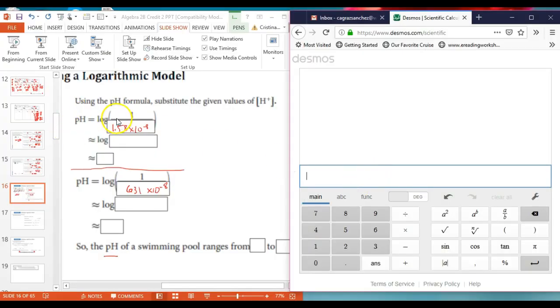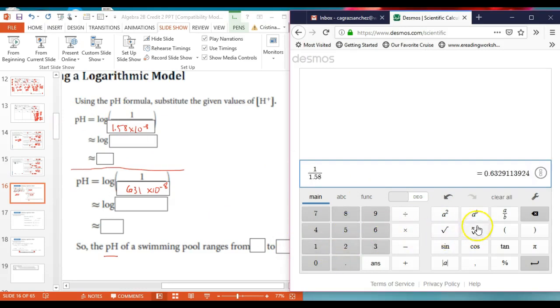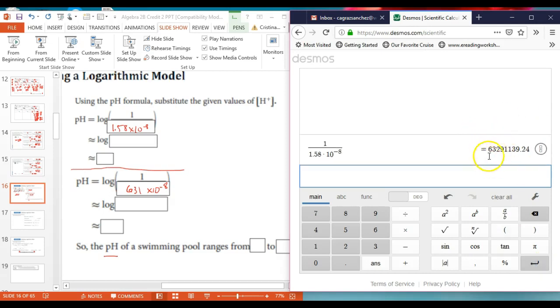Alright, so let's figure out what 1 divided by 1.58 times 10 to the negative 8 power would be. So that's a really big number. I'm going to keep that in mind and write log.